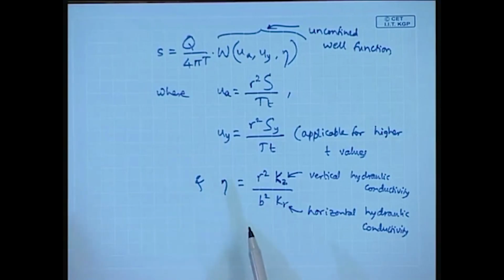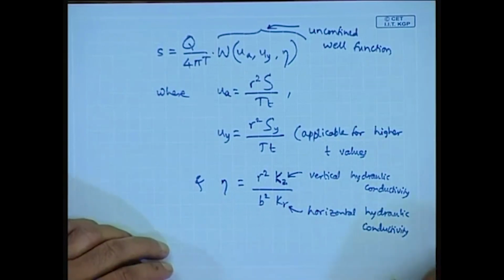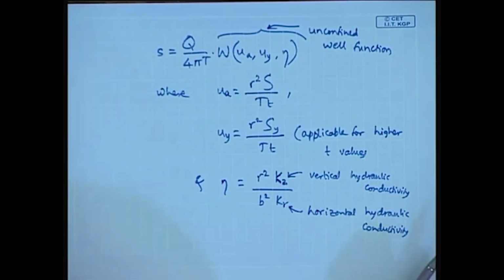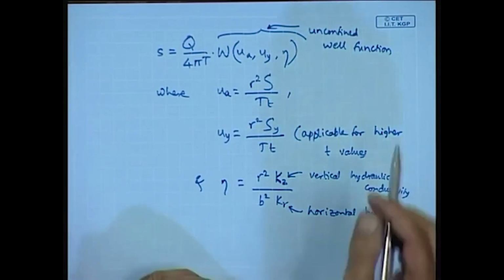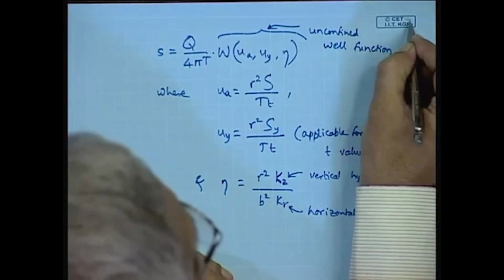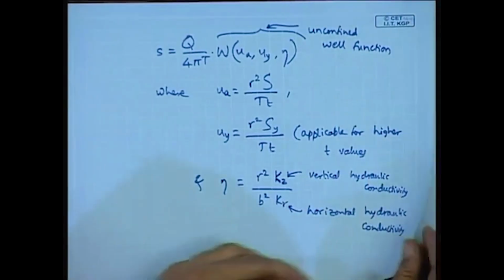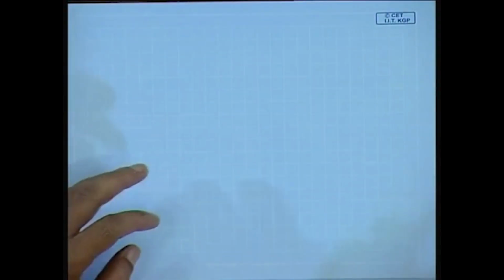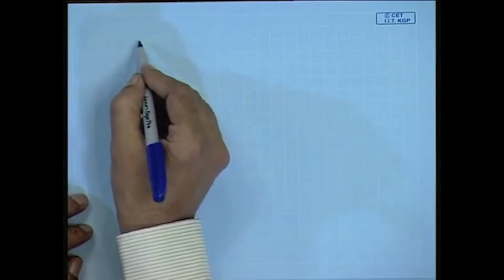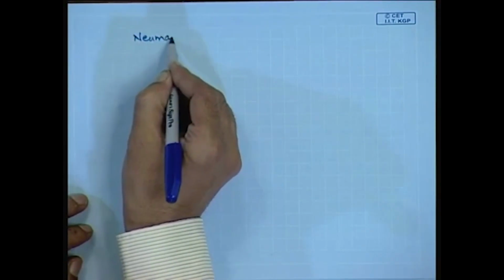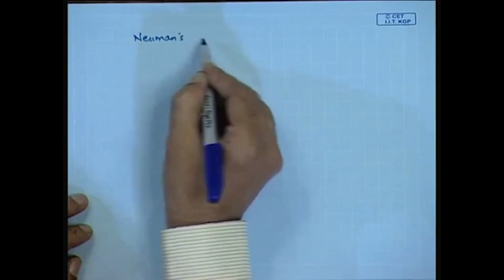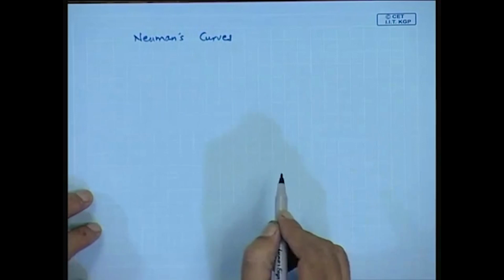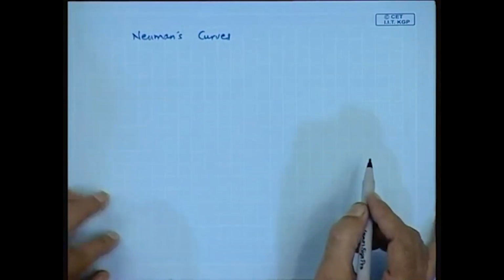And the theoretical curves for uA and uY as well as eta are given by Neuman's curves, the Neuman's curves for the unconfined well function.